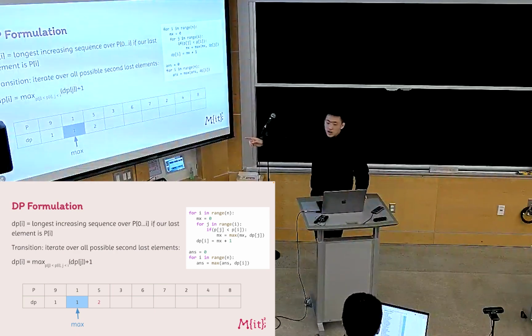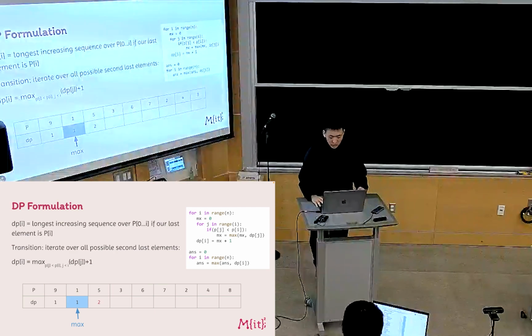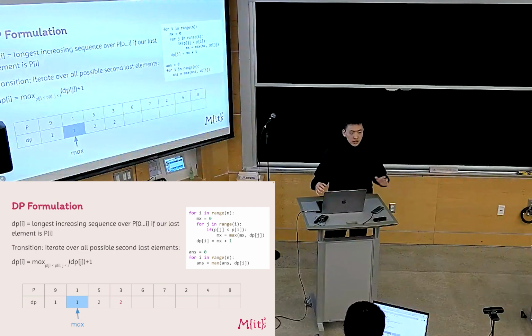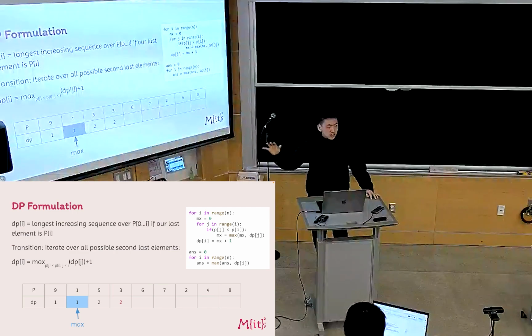Does anyone else want to try the next one? Anyone? Yeah, it would be 2 again, and for the same reason, because we're maxing over the same set of elements. And so the next one, does anyone want to do it?